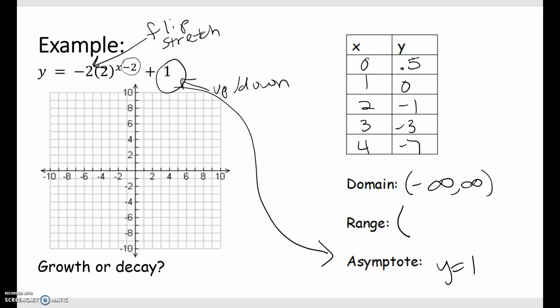So my range, since it is a flipped graph, should be negative infinity to positive 1. I'm going to do the best I can to graph that here. And since my graph points down, I'm going to circle that it is a decay function.